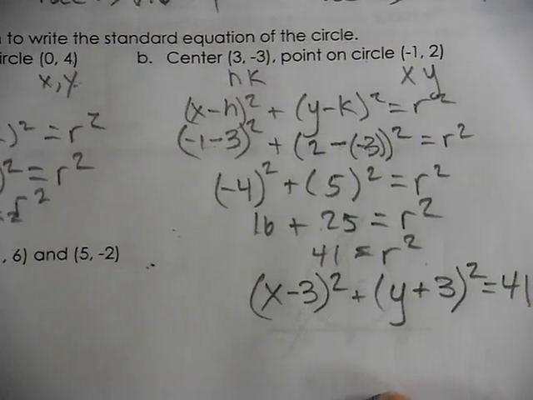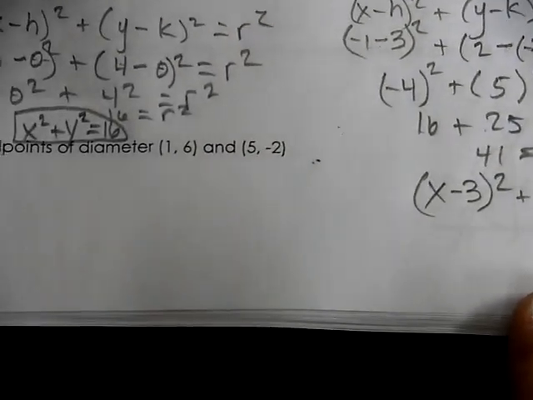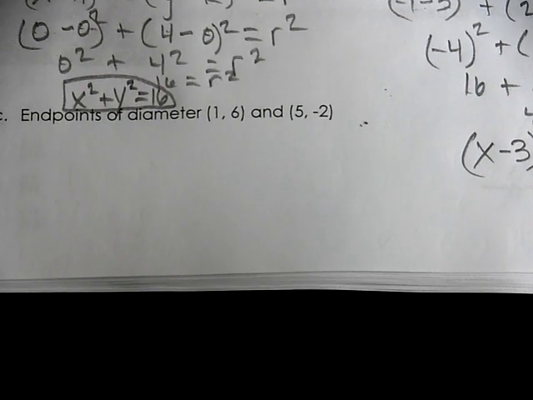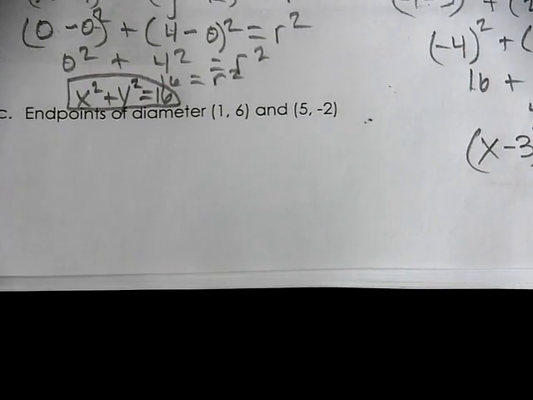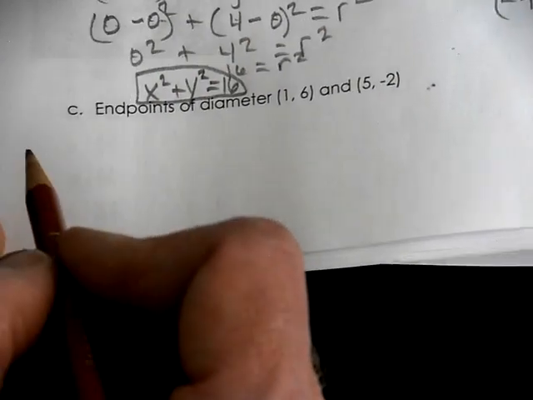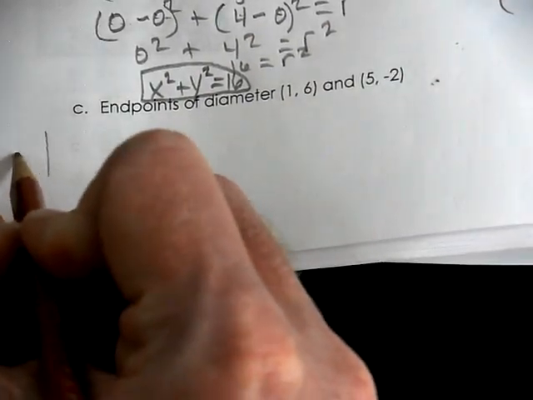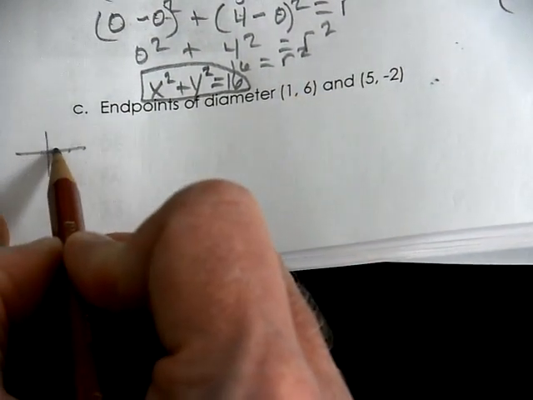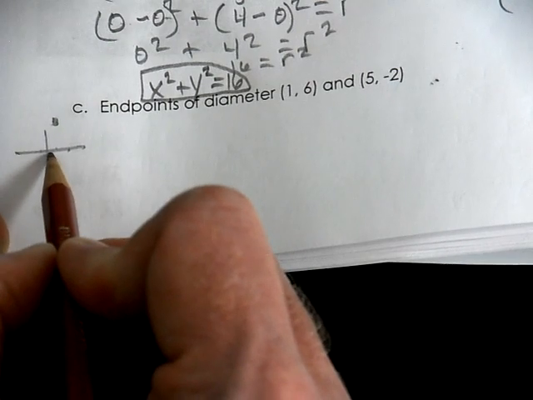Okay, last one. What's different about this one? What are we going to need to know? If they give us the diameter, we can come over here. We can make a sketch that we're 1 to the right and 6 up.